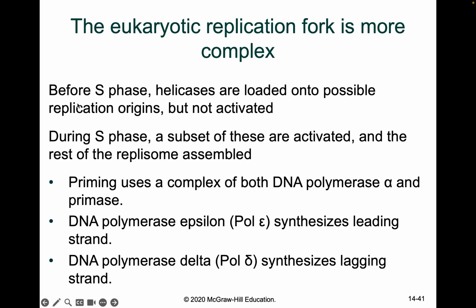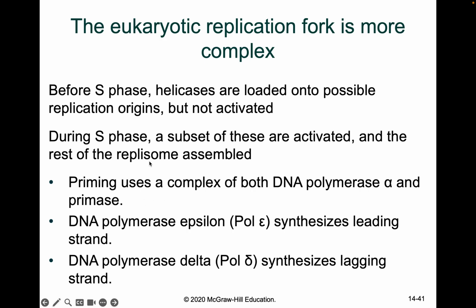They're just there at the replication origins. Then during the S phase, when DNA is signaled to start replicating, a subset of these helicases is activated, and then you get the rest of the replisome. The replisome, again, is this big complex of enzymes all put together to do the replication.